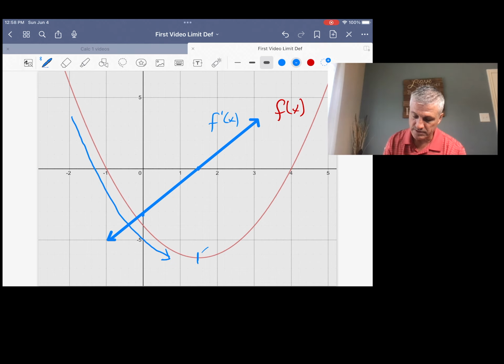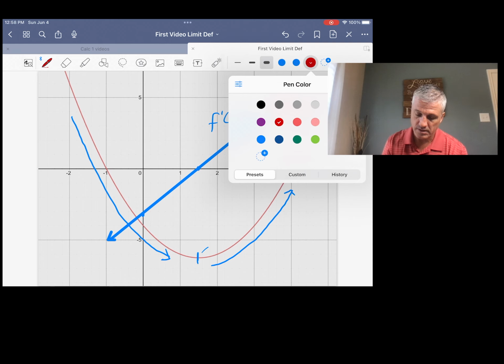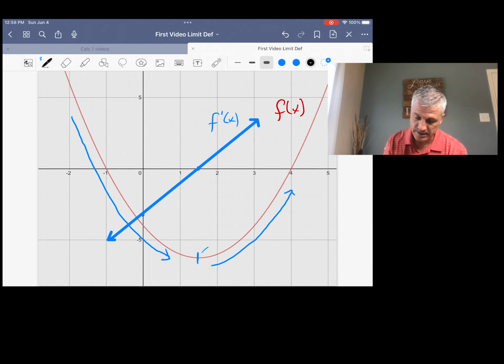And to the right of this value, the function is increasing. Now, we've already stated that when a function is decreasing, its derivative should be negative. And you will note that in this section right here, going this way, the derivative is always negative.